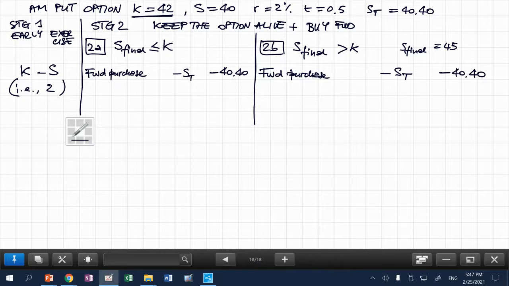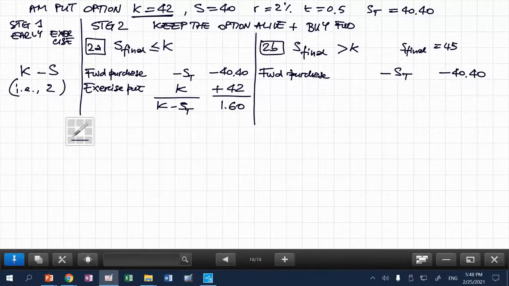If the final price is lower than 42, say it's 40, would I exercise the put option or sell it on the market? I would exercise the put option, okay? So in this case, I exercise the put, and I would get K, which in numbers would be 42, okay? So what I get is K minus ST, which in numbers is 1.60.